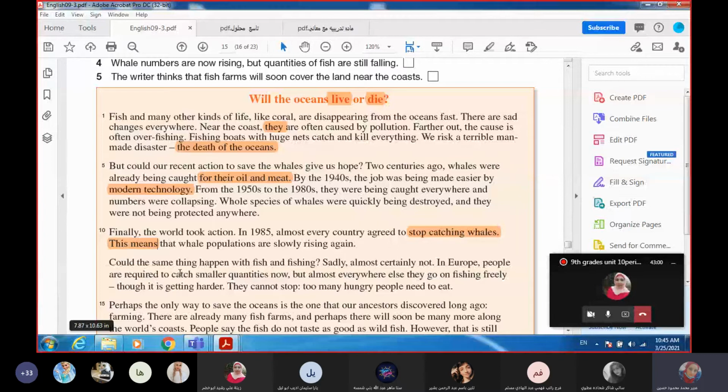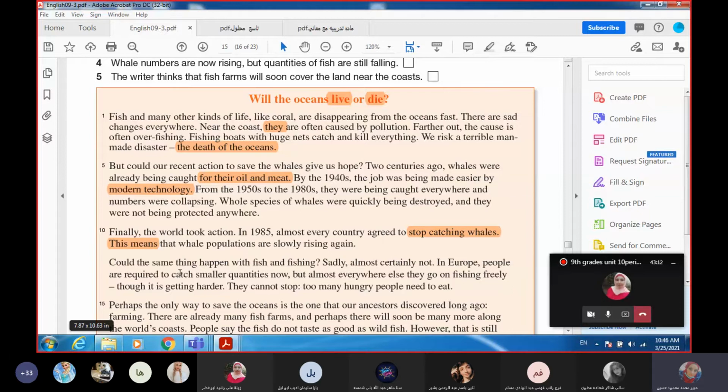But in Europe, people are required to catch smaller quantities, meaning limited amounts. But this will not work all over the world.